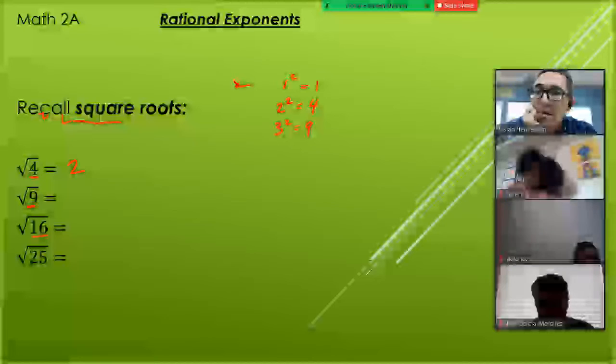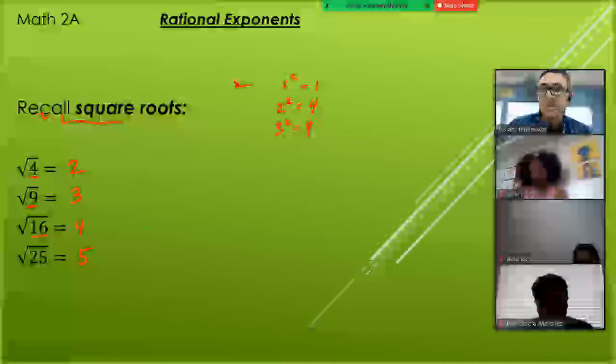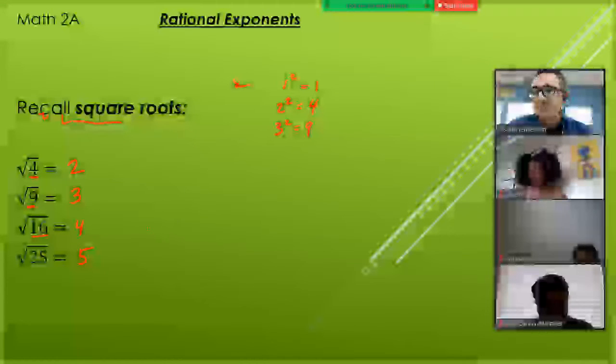So the square root of 9 is equal to 3. The next ones I've got are 4 and 5. So 4 times 4 is 16, so the square root of 16 is 4, and likewise with 5. And we can keep going. There's an infinite number of these square roots to find, but this is just some examples.